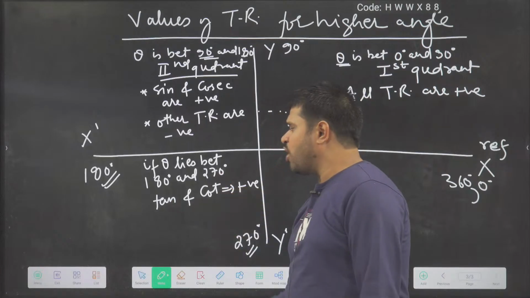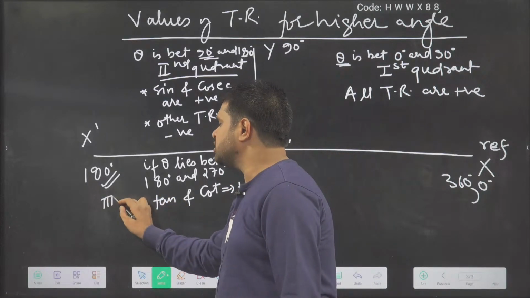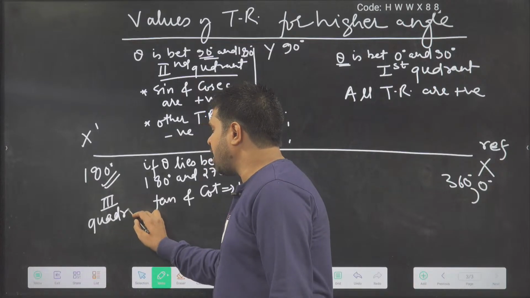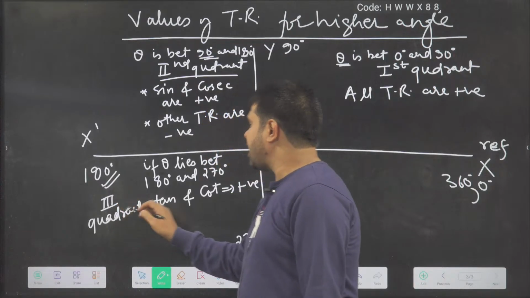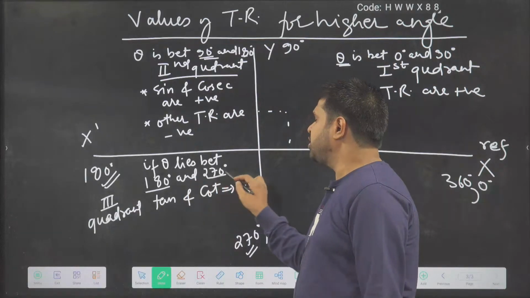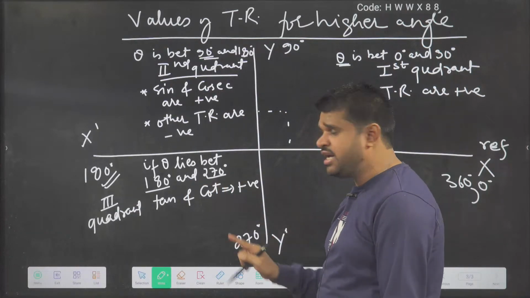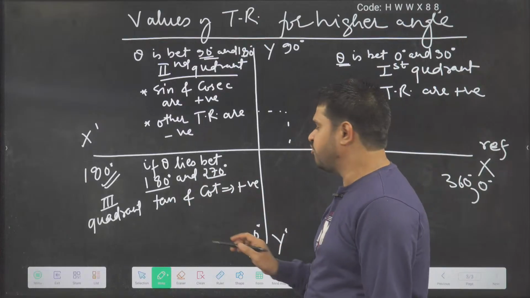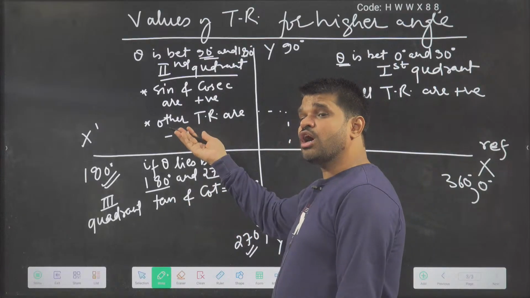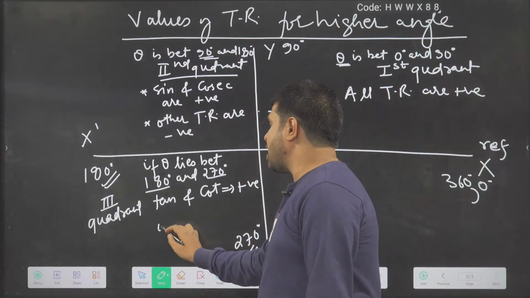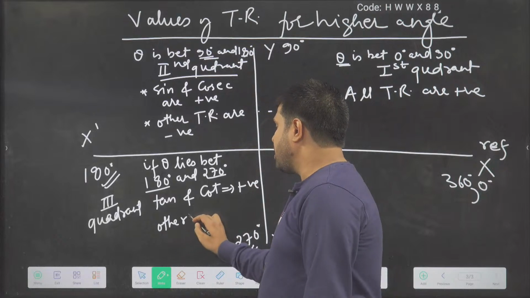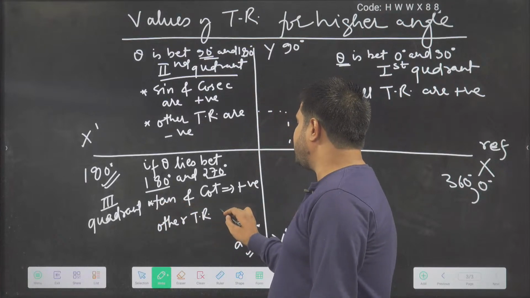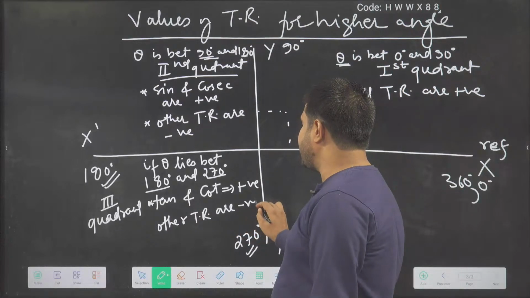This is called the third quadrant. In the third quadrant, the angle is between 180 and 270. Tan and cot are positive. The remaining four ratios are negative.